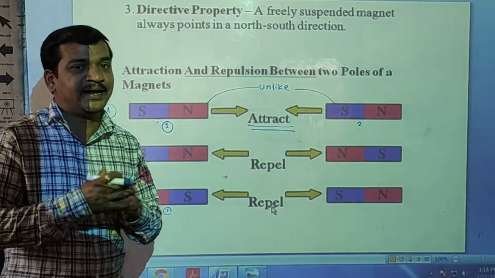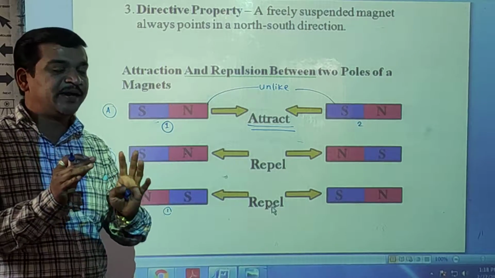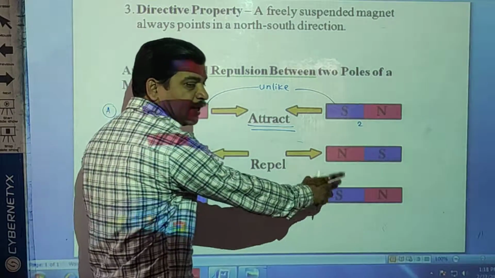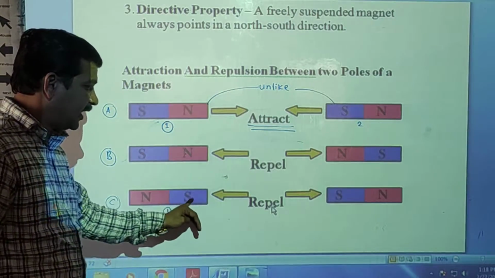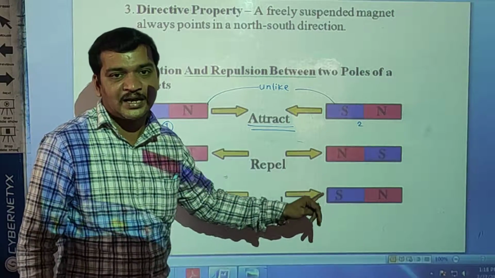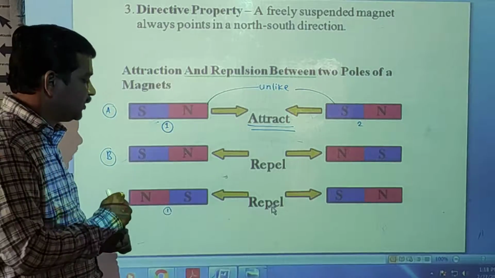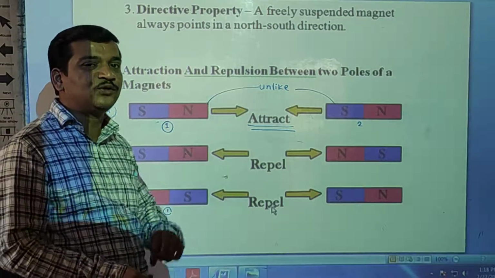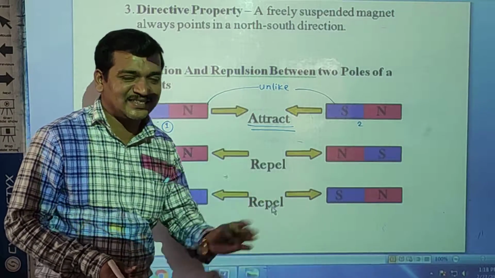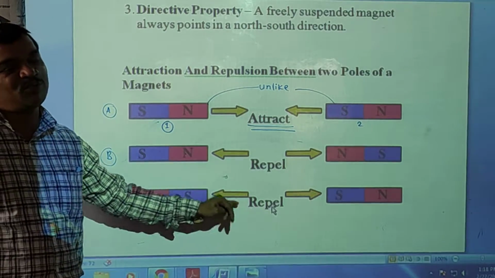There will be an attraction or repulsion. First you find out whether they are like or unlike. Yes, they are like poles, which means both have the same poles, towards each other. So there will be a repulsive force.